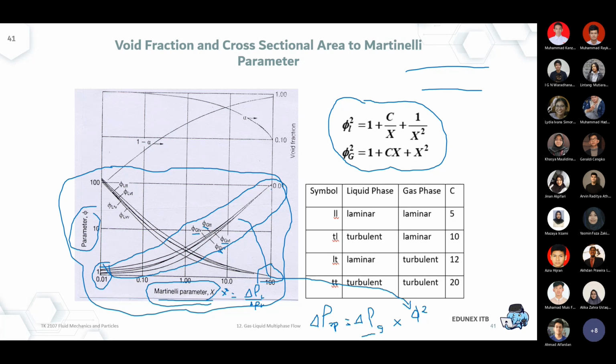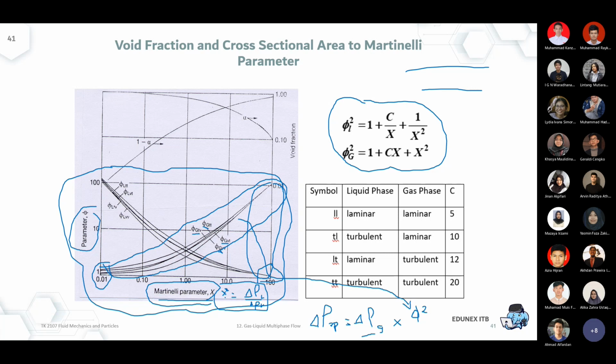In that case, the X will be at the extreme right part of the correlation. If the liquid is 100 times more dominant, the X is about 100 after you put it into this correlation.